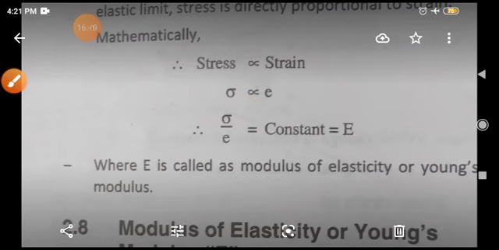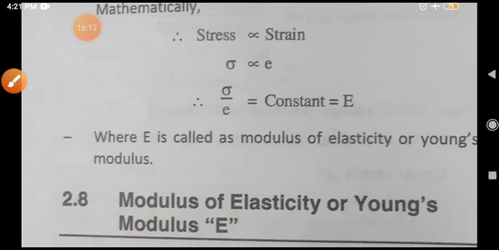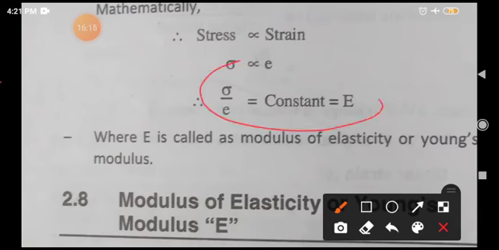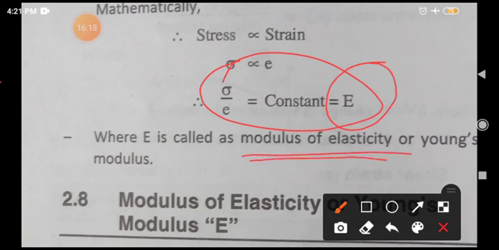That is, sigma upon E is constant, which is called the modulus of elasticity, denoted by capital E. It has one more name, that is Young's modulus.